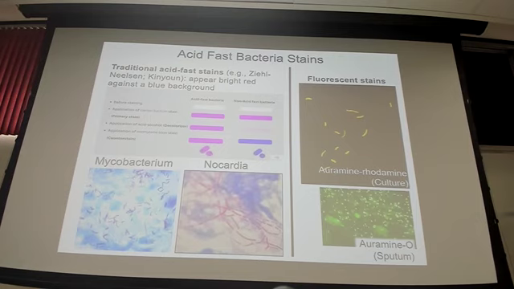You do these fluorescent stains which bind to those mycolic acids. This one, auramine-rhodamine stain, is nice. It actually has 2 different fluorescent colors. The auramine is sort of a greenish color, and the rhodamine is more of a yellowish, orangish color. You can see from culture how easy it is to identify these bacteria. And this one is done directly from sputum, so you can see a little bit of background fluorescence, but it's still super easy to see those organisms.